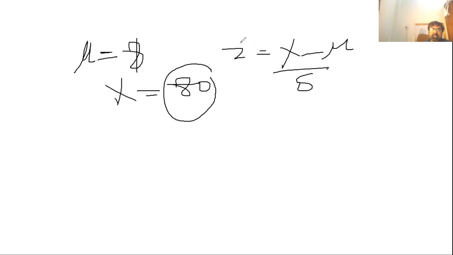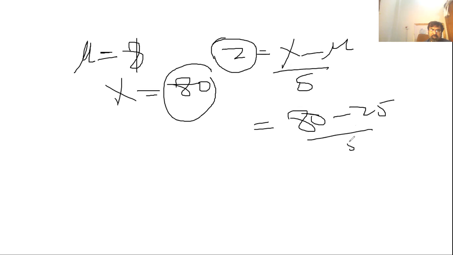Why do we calculate z here rather than x? The reason is x is given, mu is given, standard deviation is given. If we want to calculate the percentile, we should have the z-score so that we can look up the area in the z table, and accordingly calculate the percentile. So the z-score will become 80 minus 75 over 5. So that will become 5 upon 5, or plus 1.